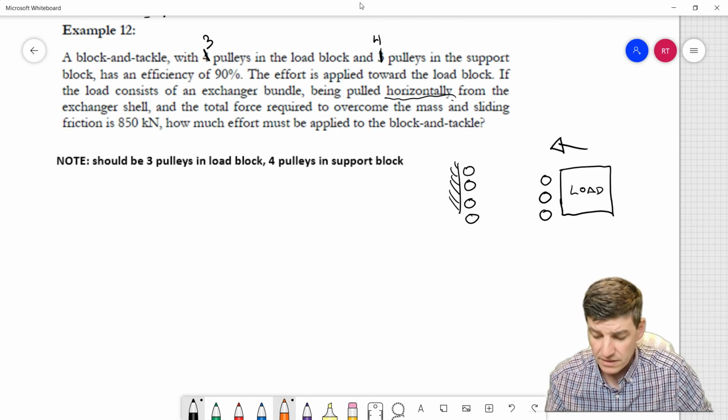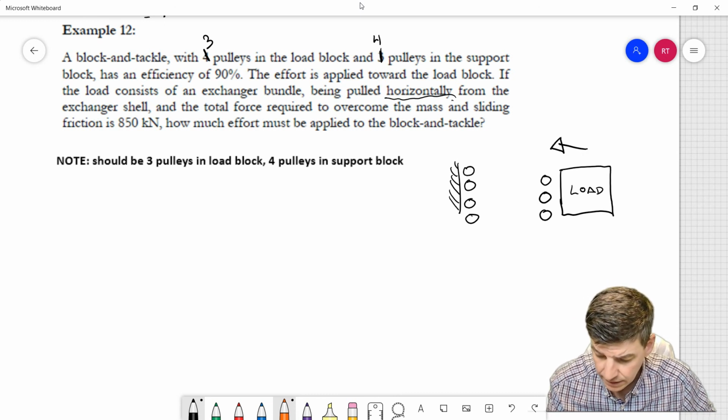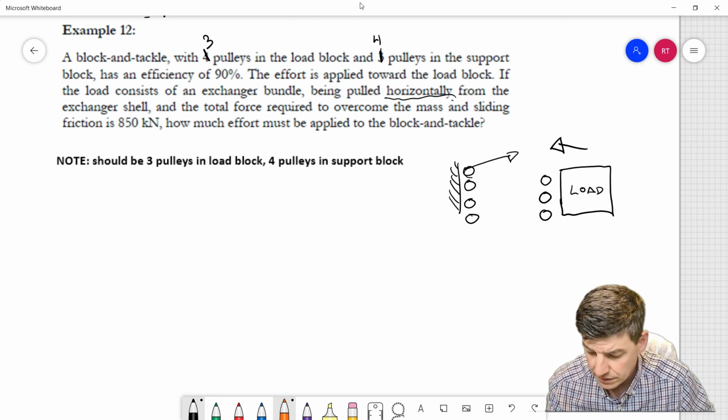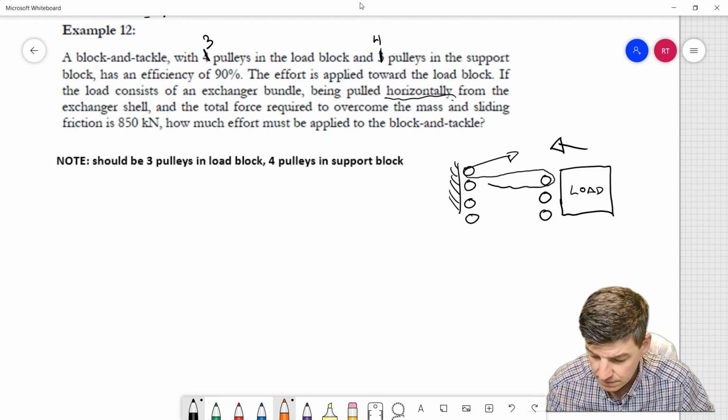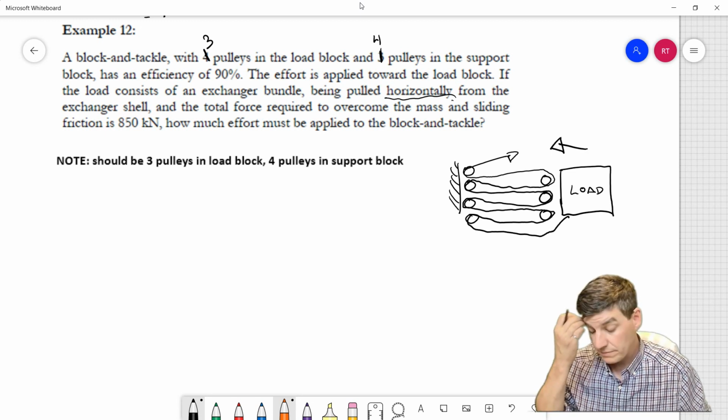Okay. The effort is applied towards the load block. So we're going to start out with a pull in that direction, and I'm just going to wind my way through my series of pulleys, and I guess that guy's going to tie into the load.